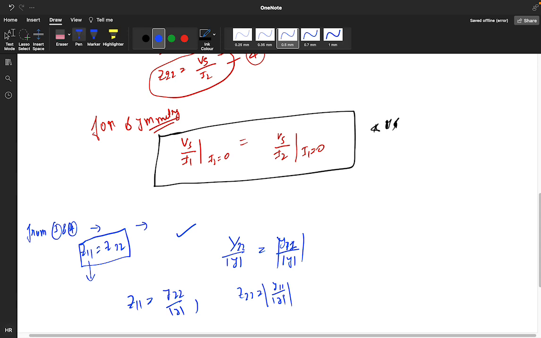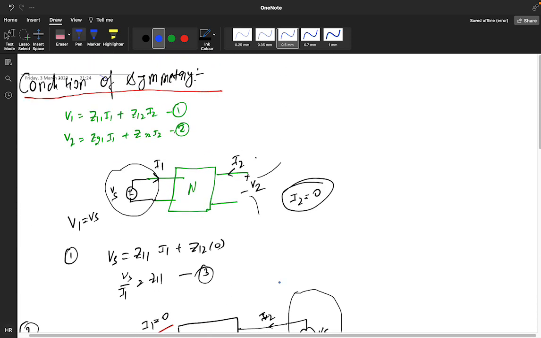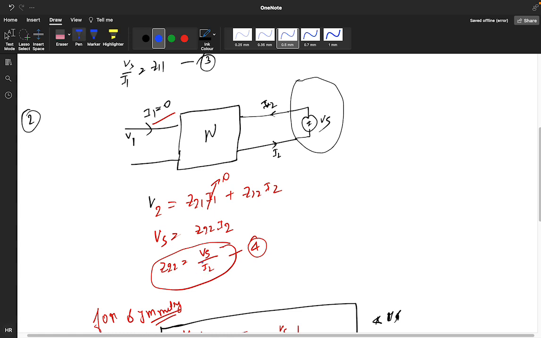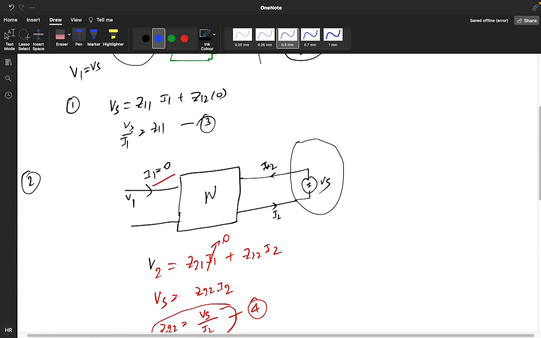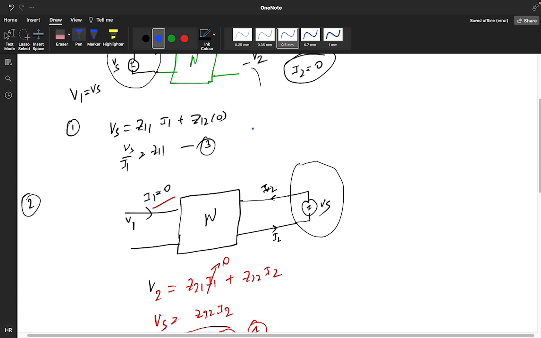Okay. And this was the condition for symmetricity. You take one network and solve the circuit with the help of this, making the current I2 equal to 0, substituting the value in equation 1, and you get the Z11 value as Vs by I1. Same thing, you remove this Vs supply and add it to the second port.